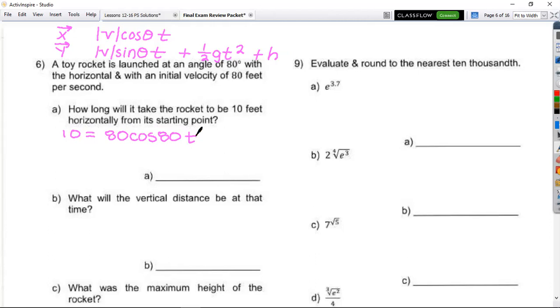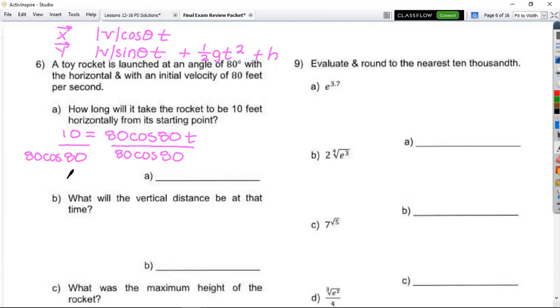So did we already check calculators were in degrees? I think you guys did, right? Okay. As long as your calculator is in degrees, you're good to go here. So you're going to divide by 80 cos 80. Let me see how this works out to determine your rounding.